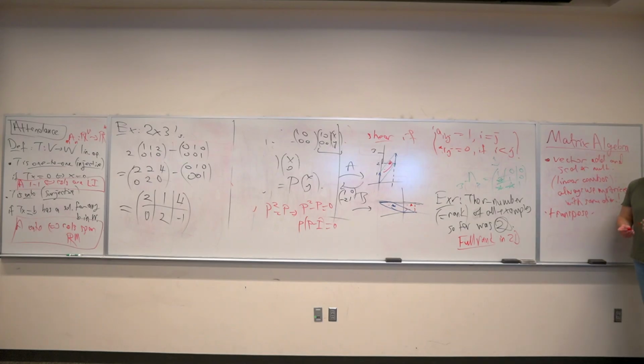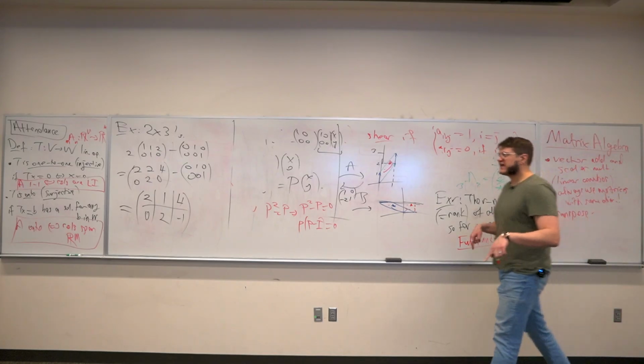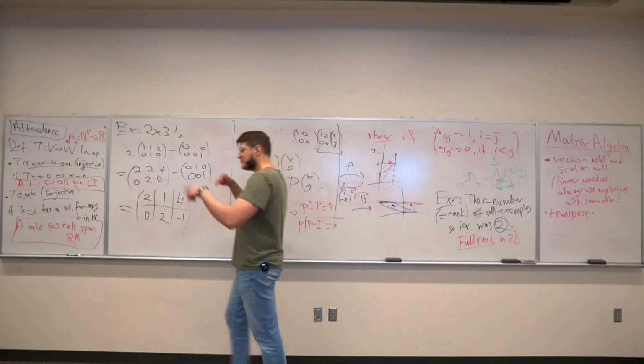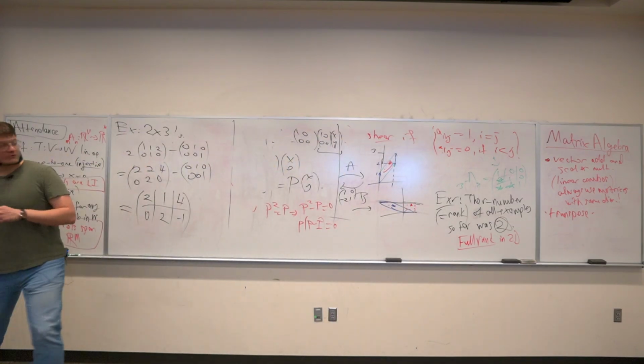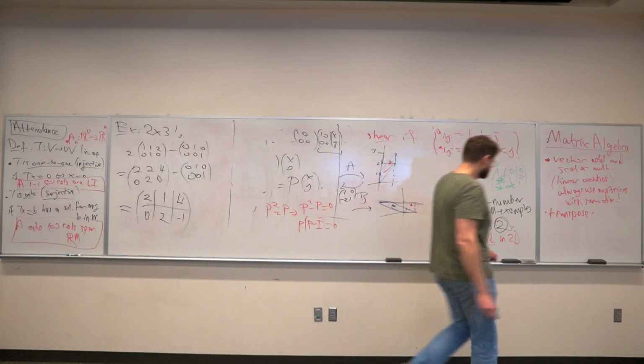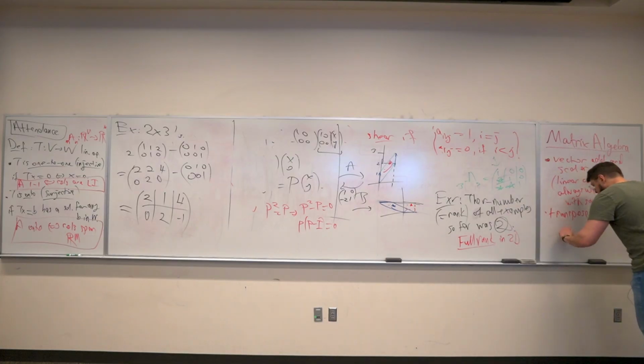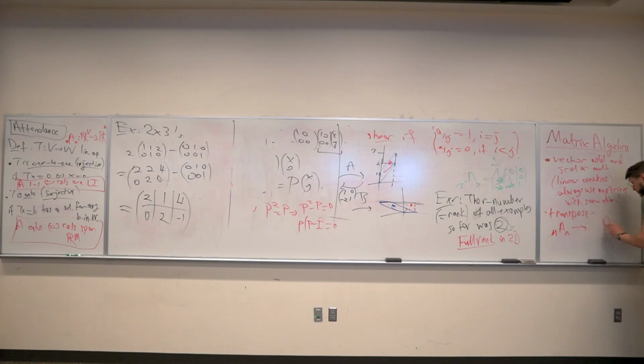If I have A, its transpose is written as A to the T. If A is m by n, then A transpose is n by m.